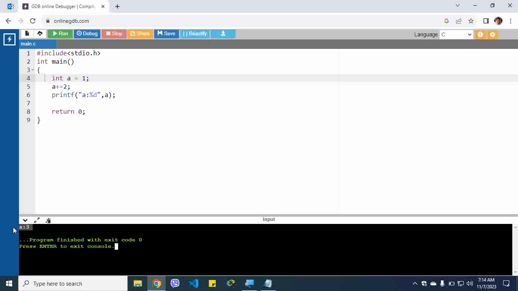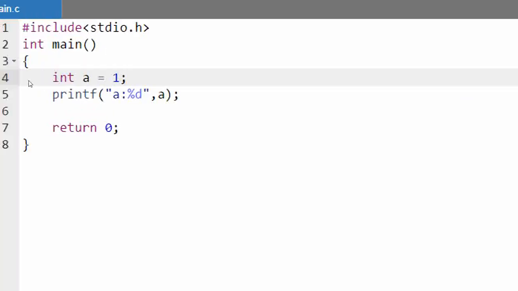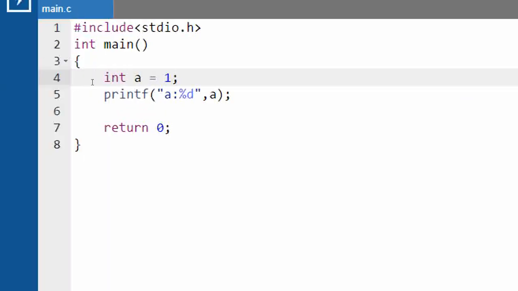Understanding or not? Let's see there. One second. If you have done nothing earlier, then the value of A is 1, right?